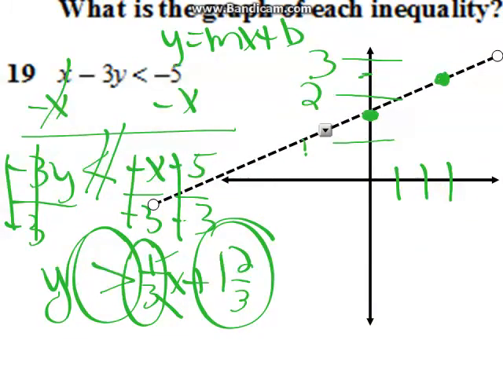Okay, and it's going to be a dashed line with an arrow on each end, and it's greater than, so it's going to be shaded above. So when we shade, we're shading above the dashed line. So this is what our graph is going to look like.